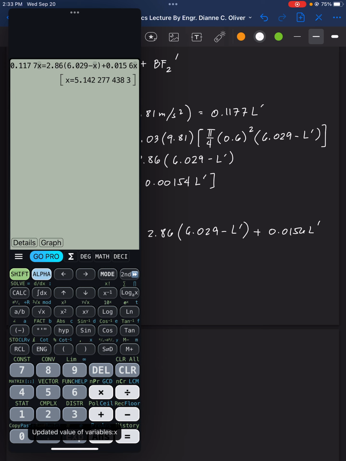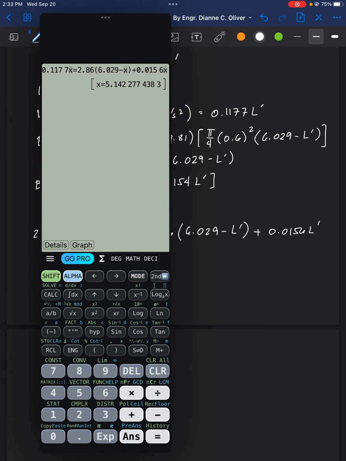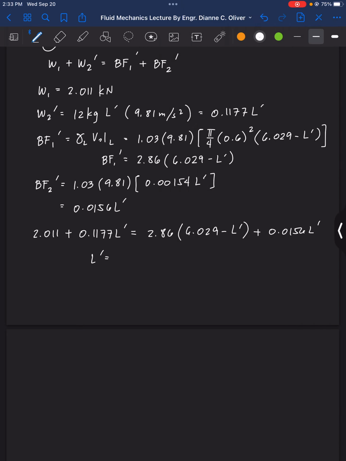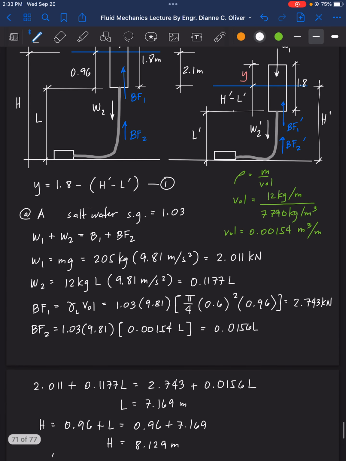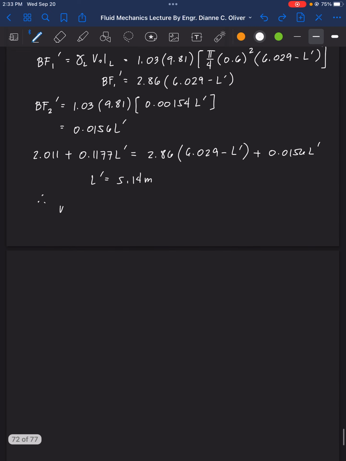So 5.142 or 5.14 for the L. So 5.14 meter.